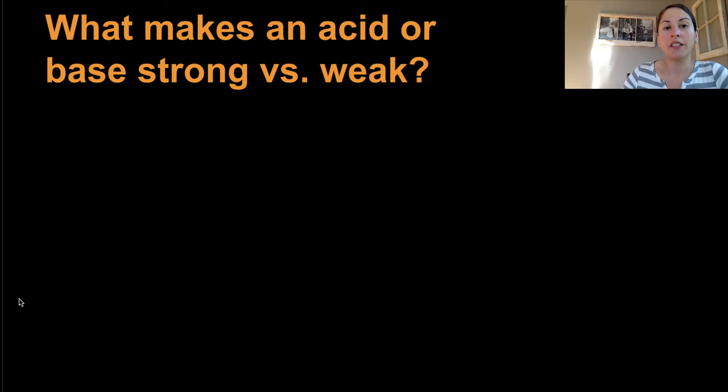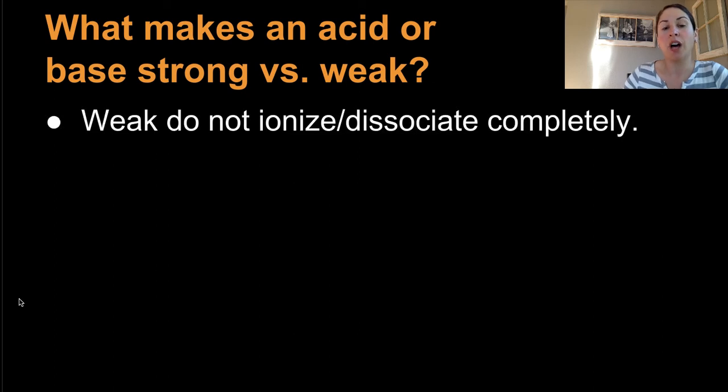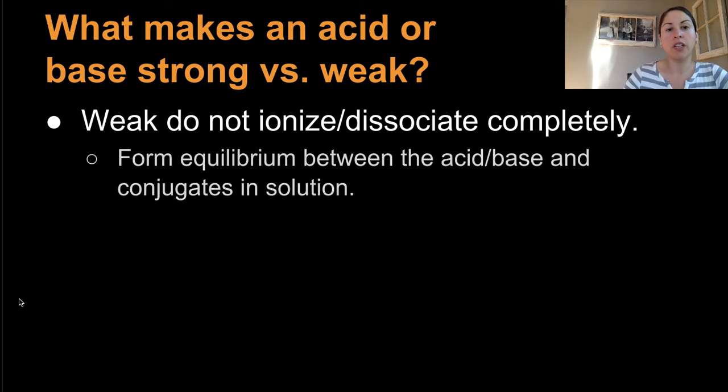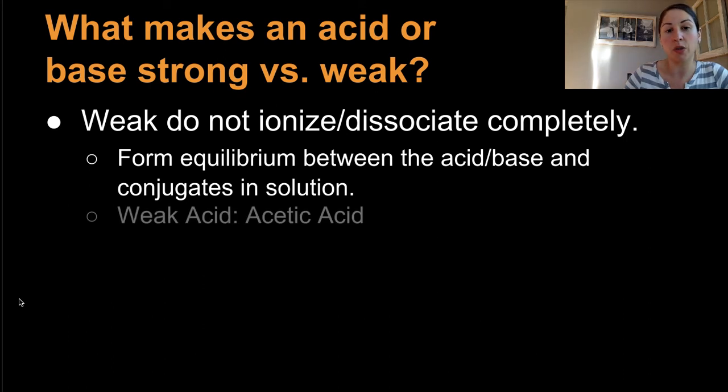Now, weak acids and weak bases, on the other hand, do not ionize or dissociate completely. And so what happens is they're going to form equilibrium between the acid and the base and the conjugates in the solution. And so we see a weak acid, such as acetic acid. You probably commonly think of this as vinegar.